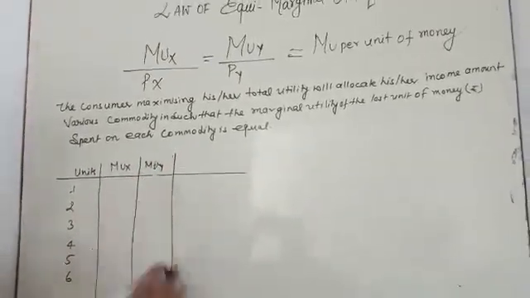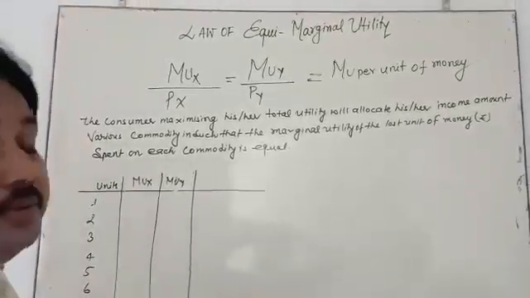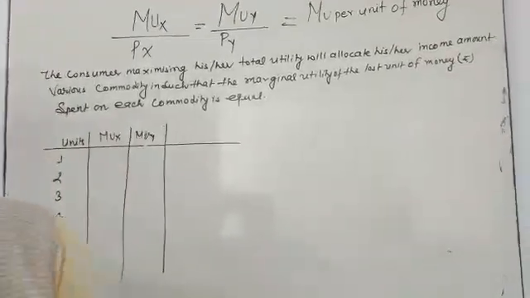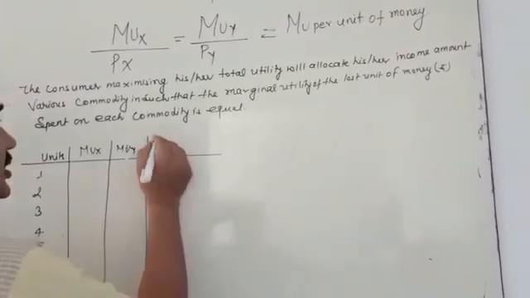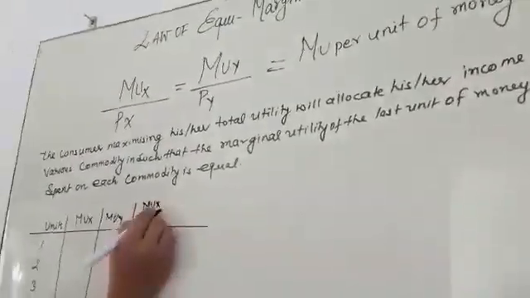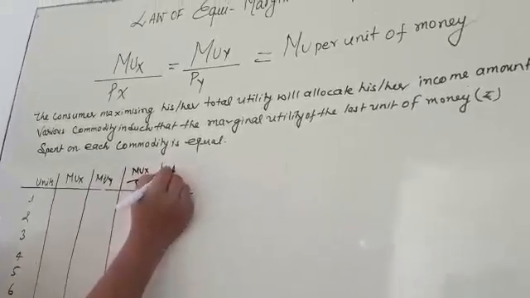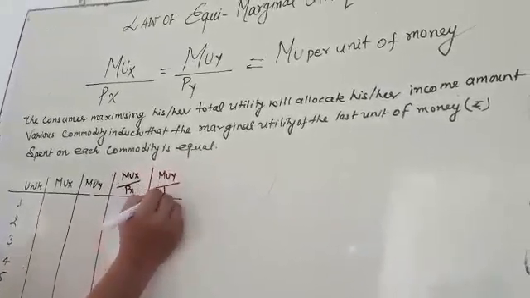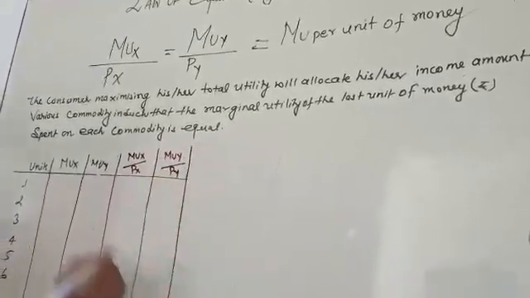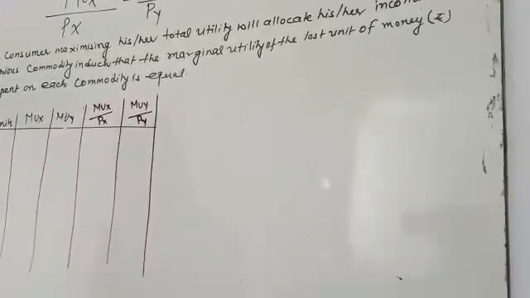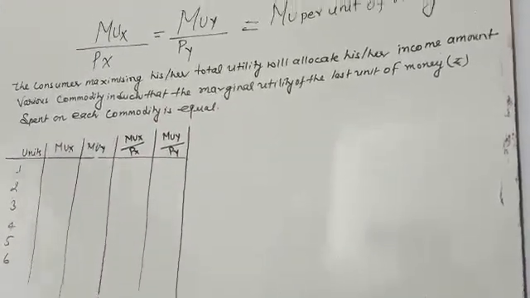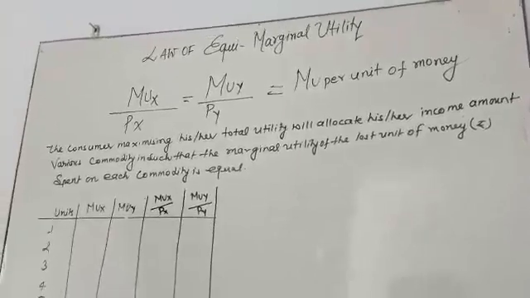These are the two commodities, so the two commodities have MUX and MUY. And another is here MUX upon PX, and here MUY upon PY.